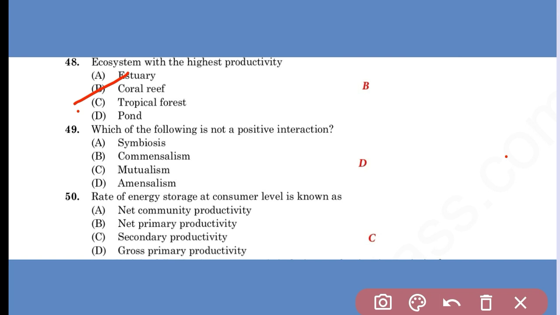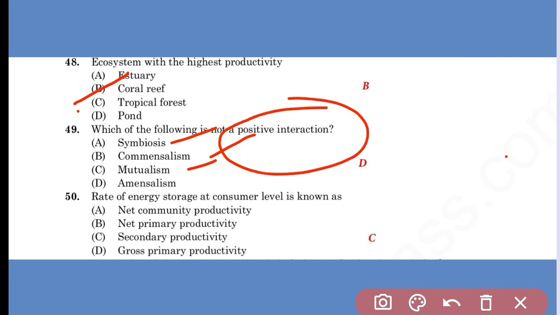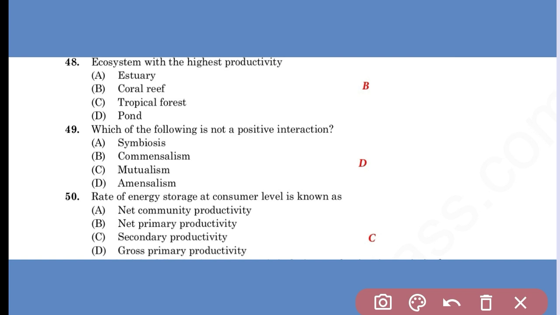In amensalism, it is an interaction where one species is harmed or killed by the other and the other is unaffected. So all three, that is symbiosis, commensalism and mutualism, are positive interactions. The partners get benefited, but in amensalism, one gets killed or harmed and the other remains unaffected. So this is a negative type of interaction. So the answer for this question is option D.